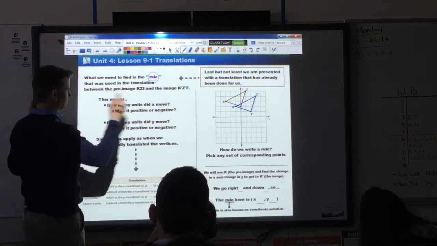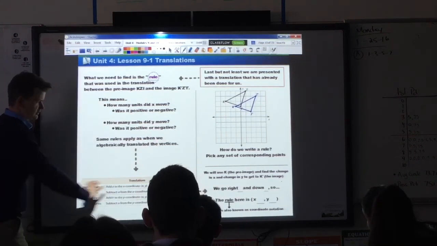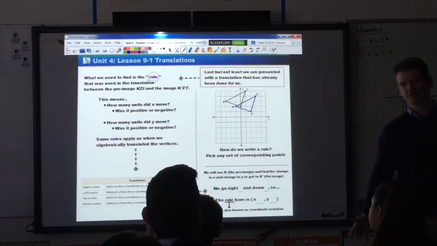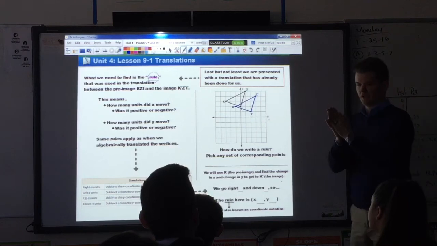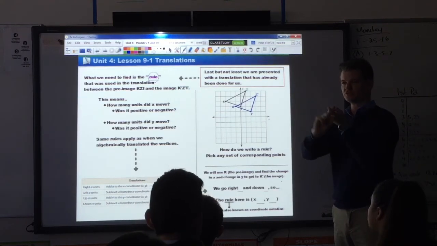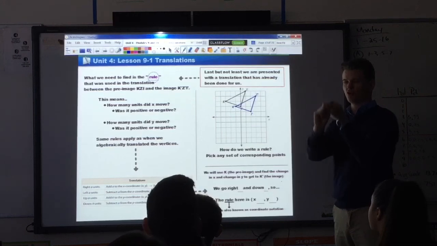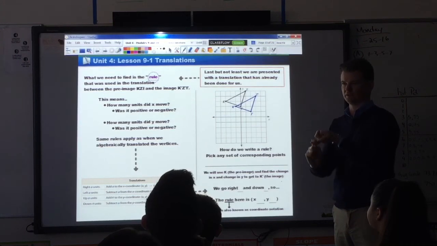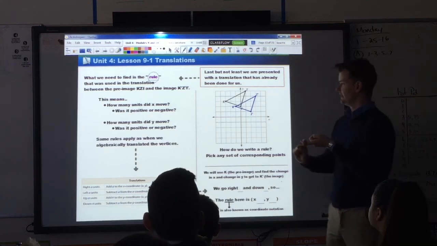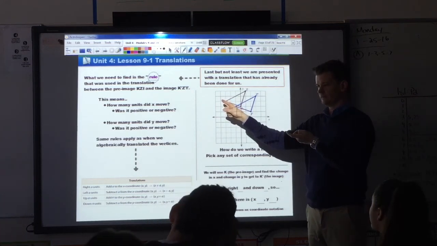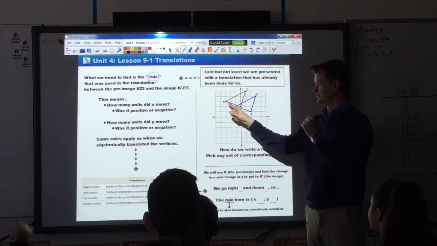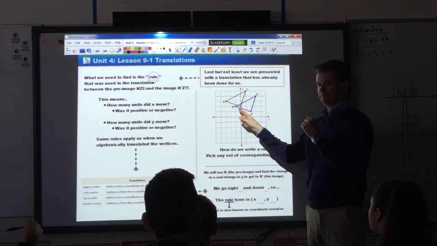So we want to examine how many units did X move and Y move. That's where you look at your rules. But all that you know how to do. So what's different here? In order to find the rule, 2 things have to be done. First thing, you have to pick a set of corresponding points. Corresponding points are very easy to recognize. If we look at K, there's only one point in the image that corresponds to K, and that is K prime.